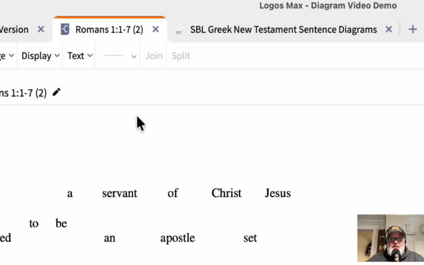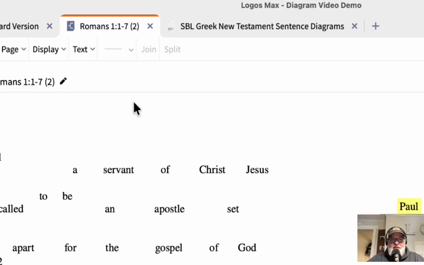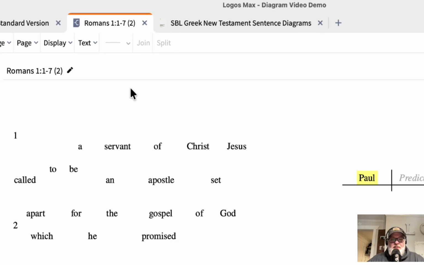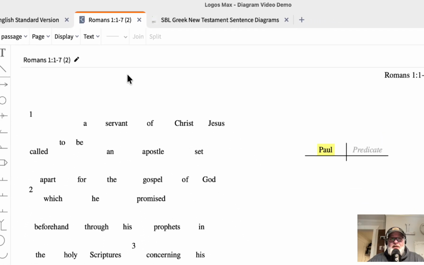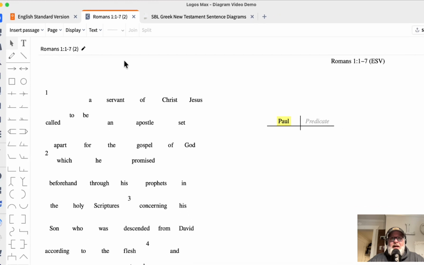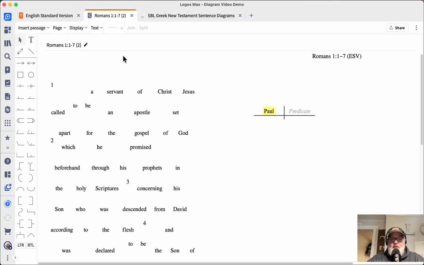That's because I diagrammed it out previously so I wouldn't get stuck on trying to make decisions. And by the way, this took me about 2 days to do, coming back and forth to it over a couple of different sessions. But anyway, we see Paul here as our subject.